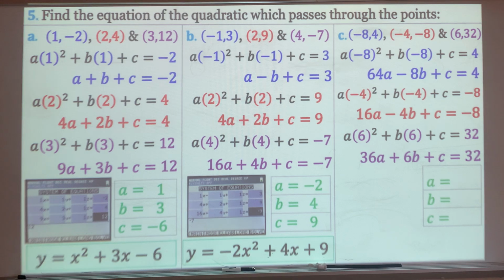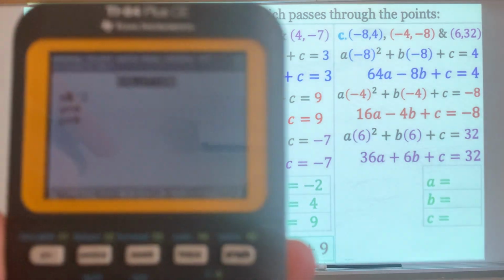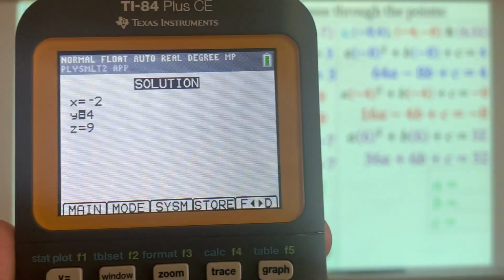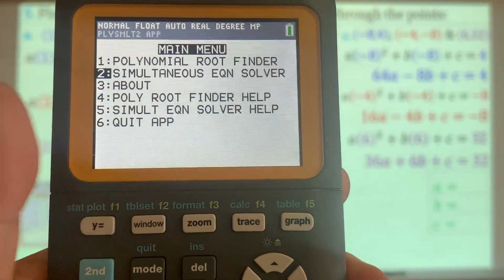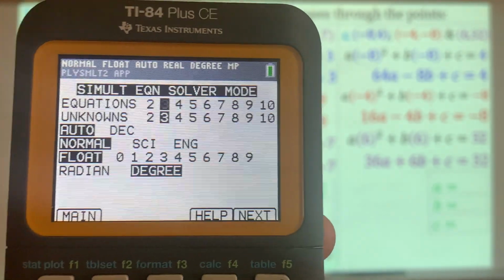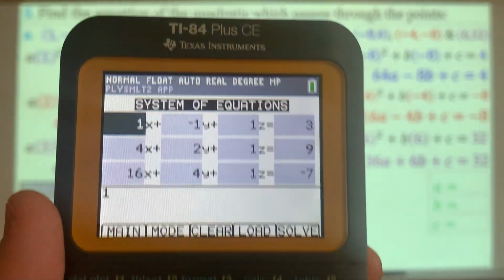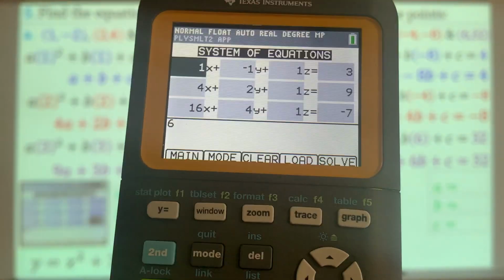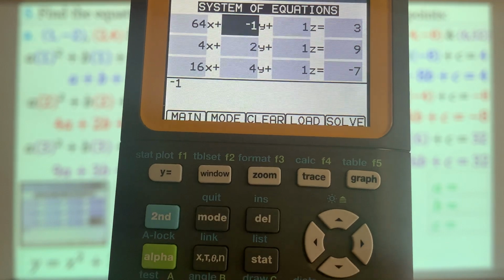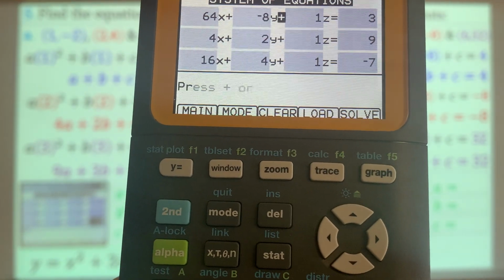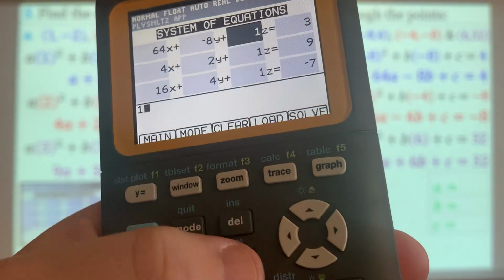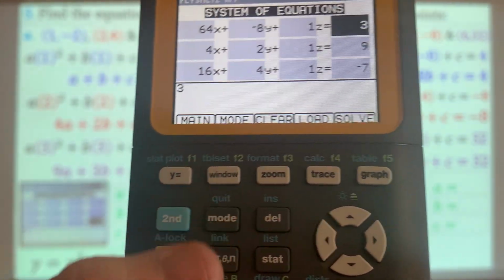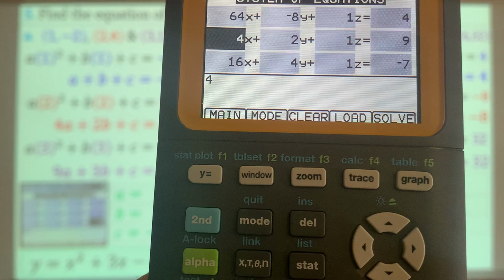Go back to our calculator. We're going to type in some more stuff here. Let's go back to main. You don't have to go all the way back out. Go back here, 3, 3. Excellent. So now I got 64, -8, 1, and 4.